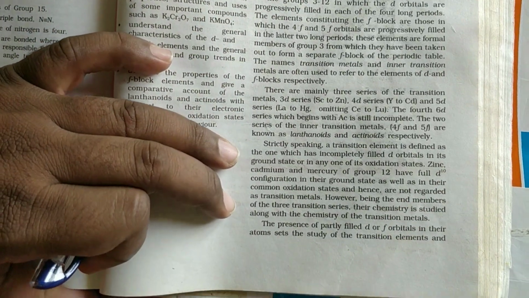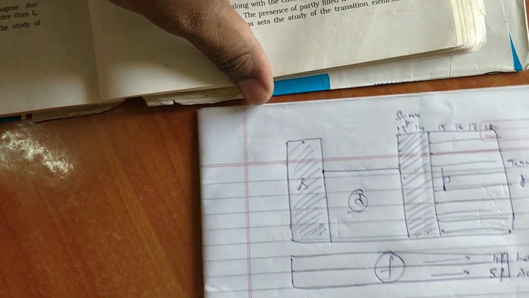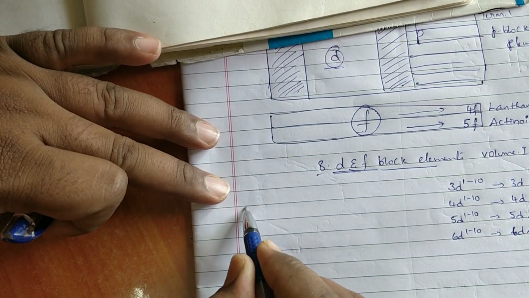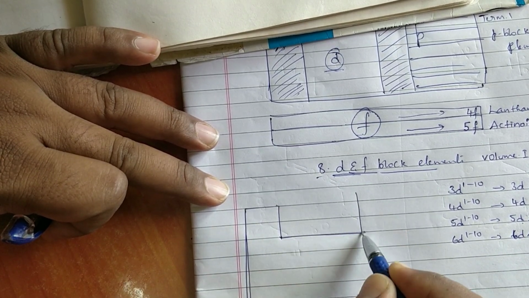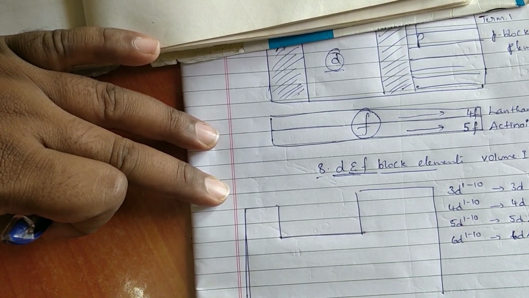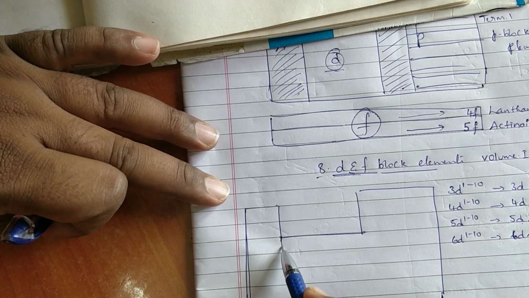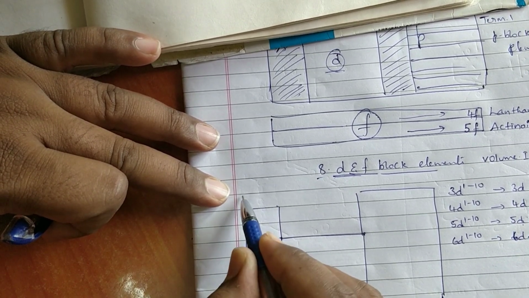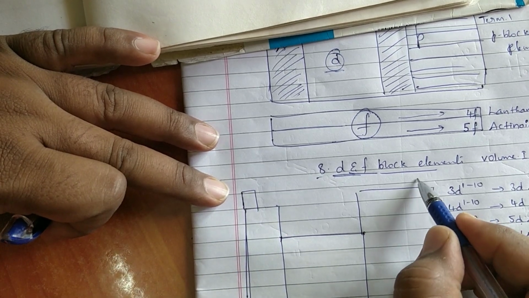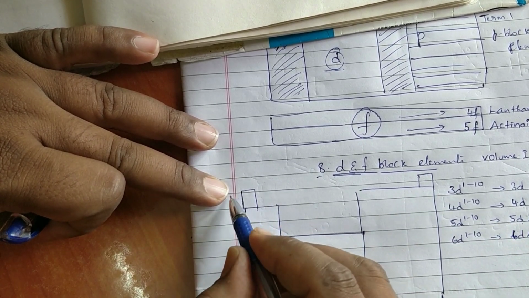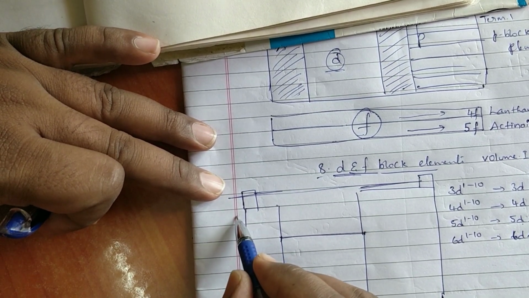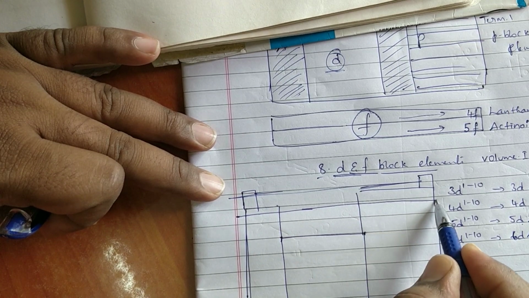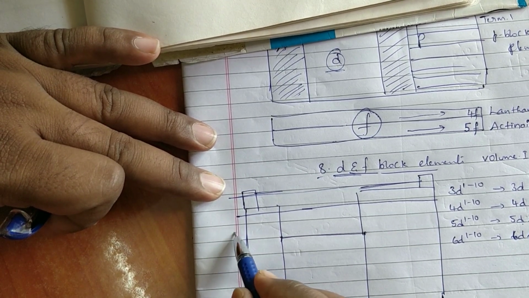Now coming to this one. Here hydrogen, here helium. This is the first period. Now coming to the second period, and this is the third period.